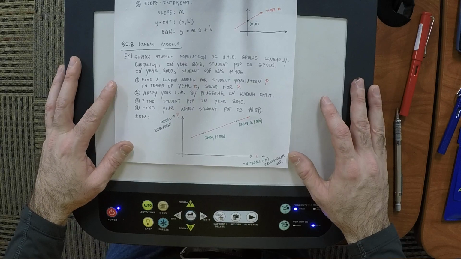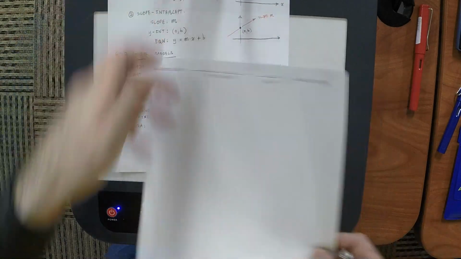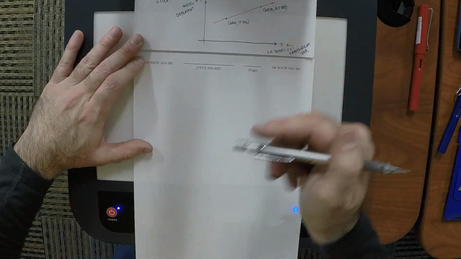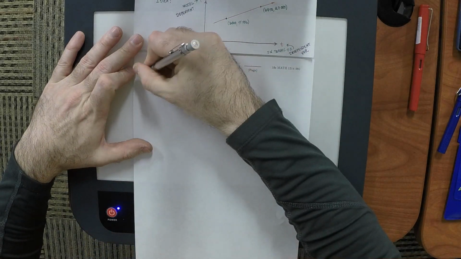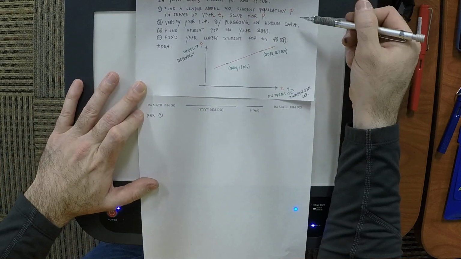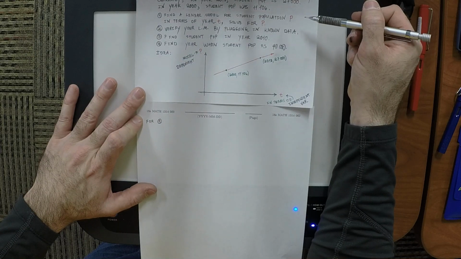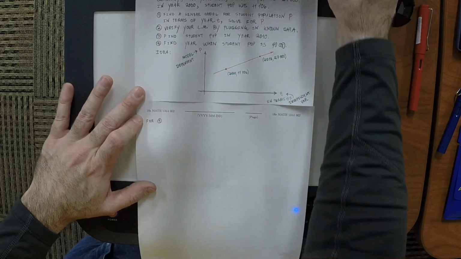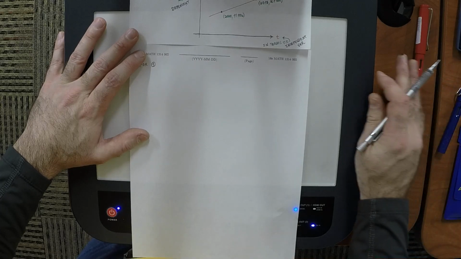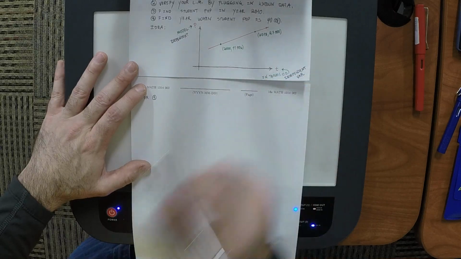Okay. So, fine. Let's go about answering. So, for part 1, it says find a linear model for student population P in terms of year T, solve for P. In the language of the previous section, what that's saying is find the equation of the line through these 2 points.